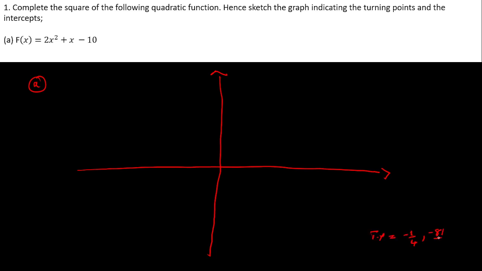Over 8. This was your TP. Then the other part was negative 10 as your, was it negative 10 or 10? Your y axis was negative 10. I hope that's according to the equation. Yeah, it was negative 10.